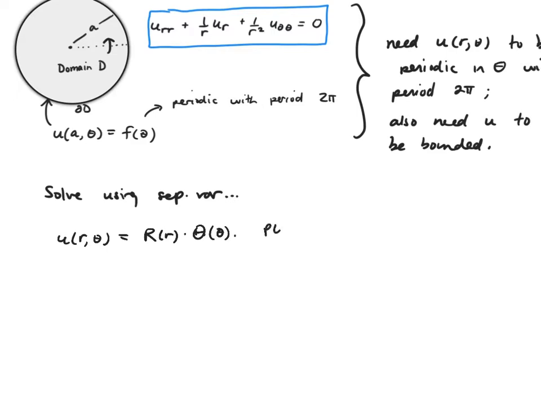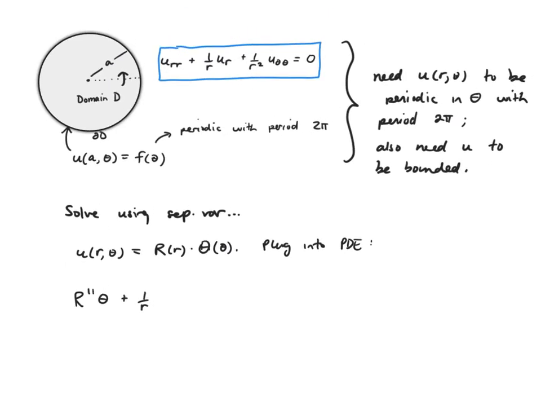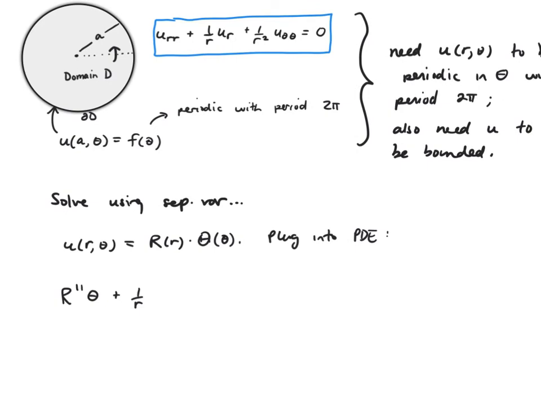Okay, well, plug into the PDE. See what we get. All right, well, I get a second derivative with respect to R, so that becomes R double prime times theta. And then I have a plus 1 over R, U sub R, which becomes R prime theta. And then I have 1 over R squared, U sub theta theta, which becomes R theta double prime.